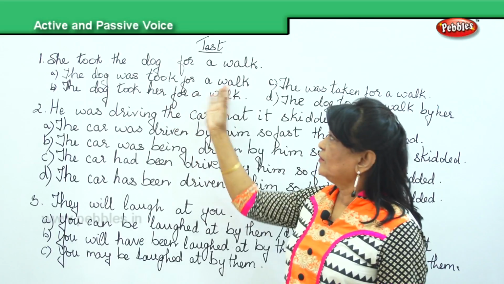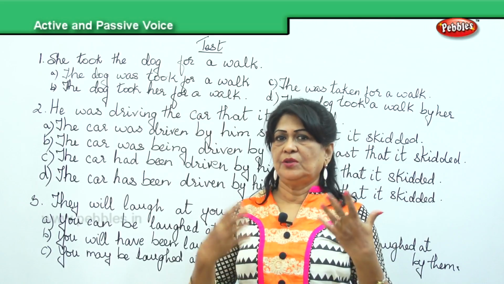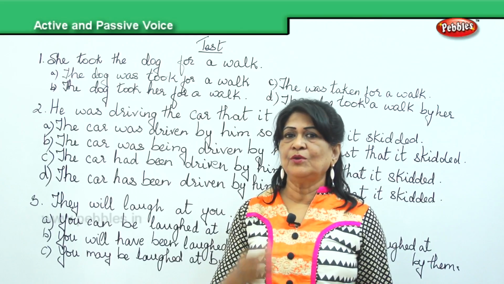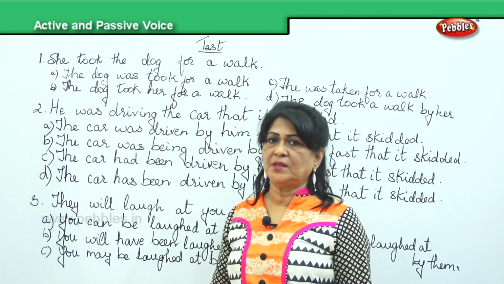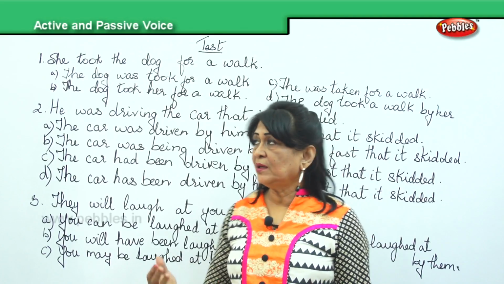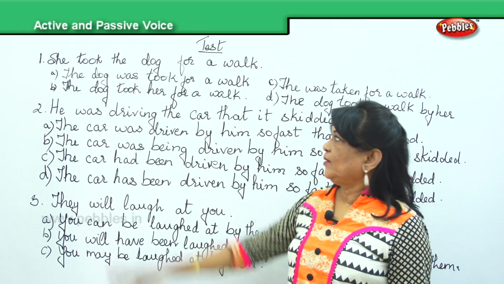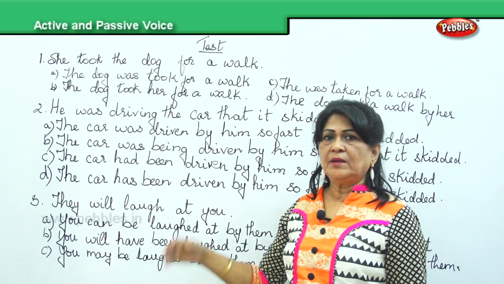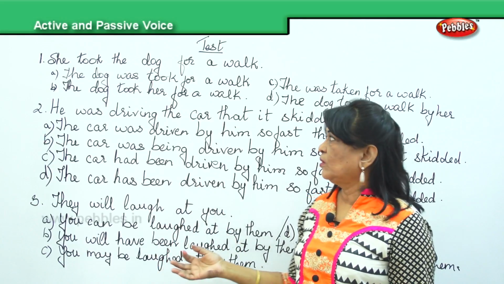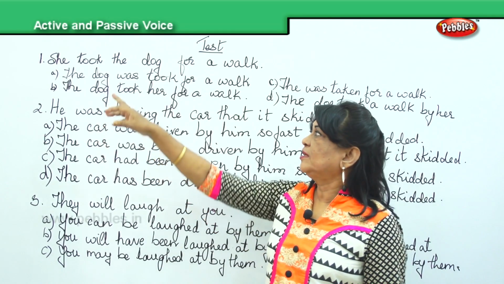So, you have to choose the right answer with the knowledge that I've given you, to write passive voices for the active voice that I've given you earlier. You have to choose the correct option. Okay, we have 3 questions here, yet some more are to follow. First, we'll just see these 3 and then we'll go on to the rest.